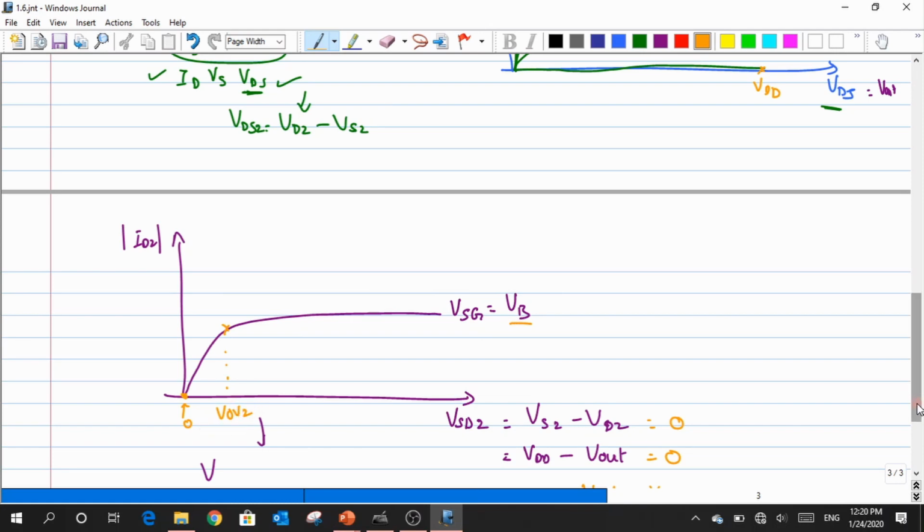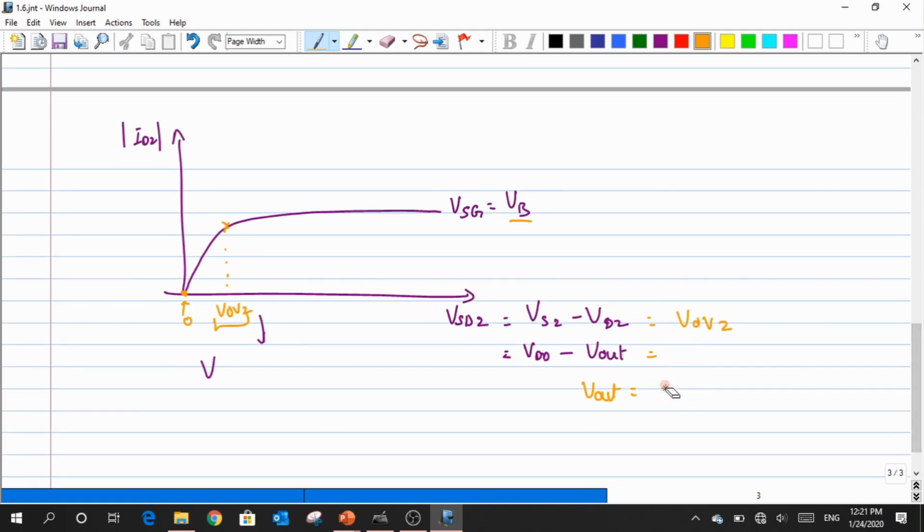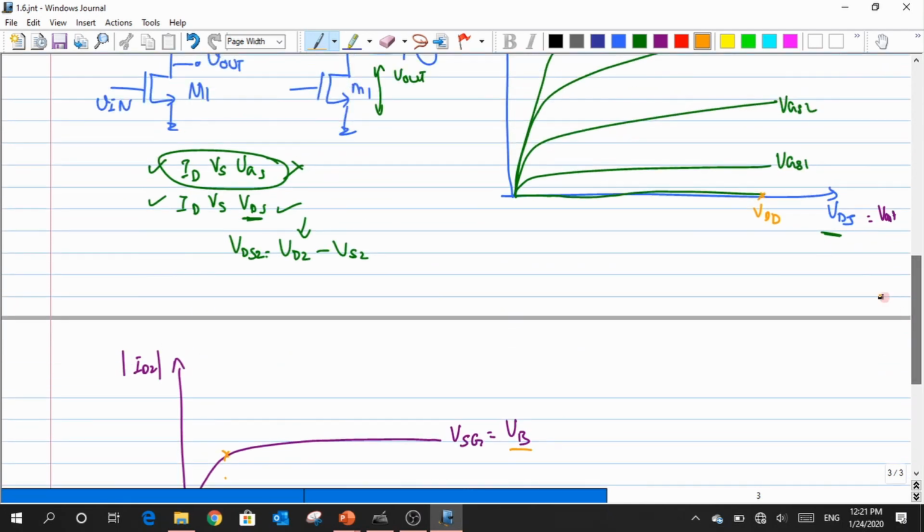So how will I translate this? Again, you just substitute this value in the place of this expression, so that VOV2, when plugged here, translates to VDD minus VOV2. So from the previous value of VDD, I have to shift towards the left because the Vout has reduced.